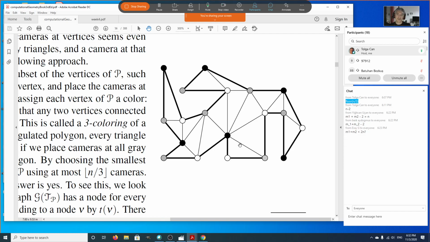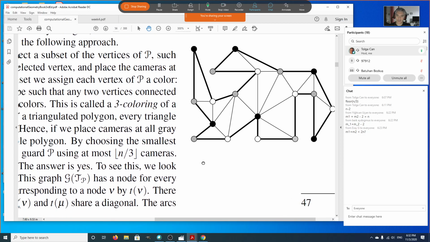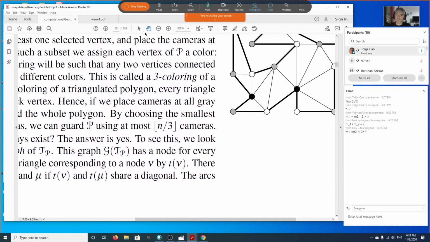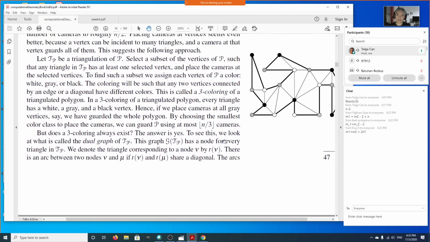Okay, so this is the first part of this chapter, and it uses this 3 coloration of the triangulation of a polygon to show that we only need floor of n/3 cameras to guard the entire simple polygon. So it's a nice proof, it's a nice finding, and the algorithm is nice.